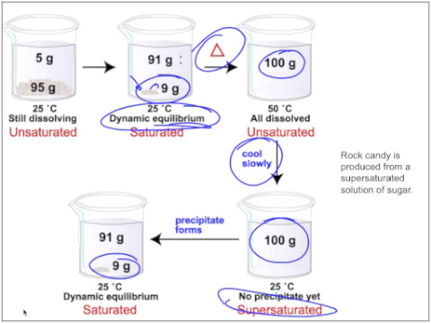But as time goes on, the particles are going to solidify and we will reach that dynamic equilibrium, which is considered a saturated solution where only 91 grams will be dissolved, which will allow the 9 grams to precipitate back, because we can't dissolve more than 91 grams at 25 degrees Celsius.